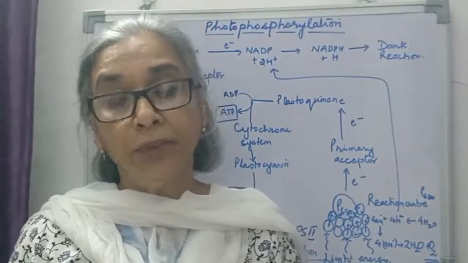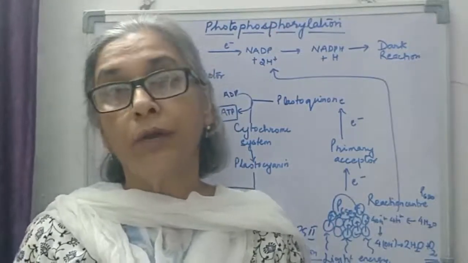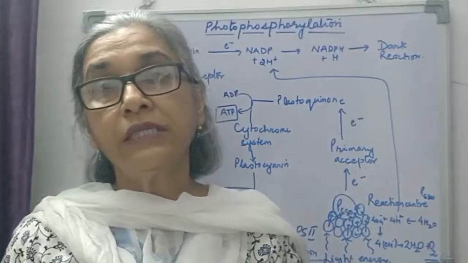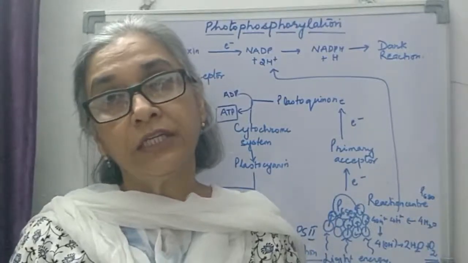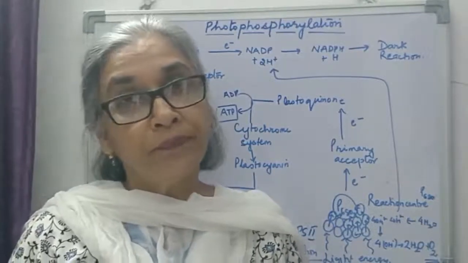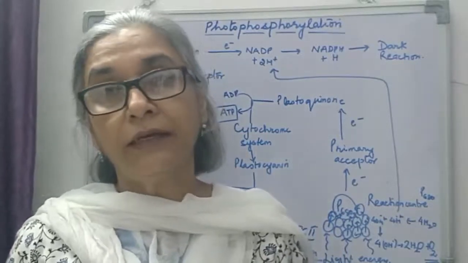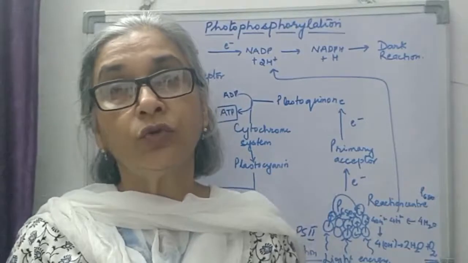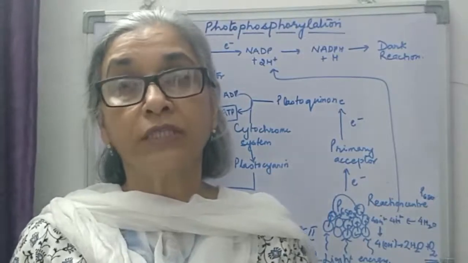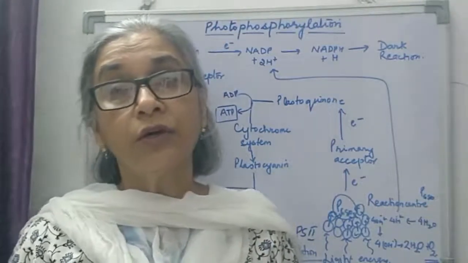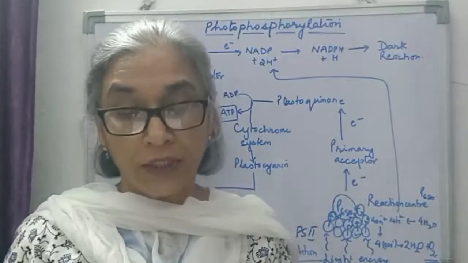Photophosphorylation is accomplished by two pathways. One is called cyclic photophosphorylation, the other is called non-cyclic photophosphorylation, and this is actually through the electron transport system, that is, how the electron is transported.